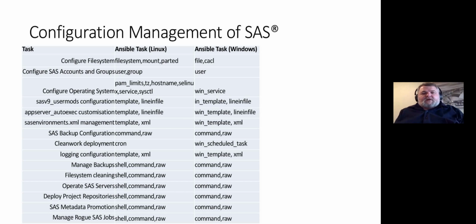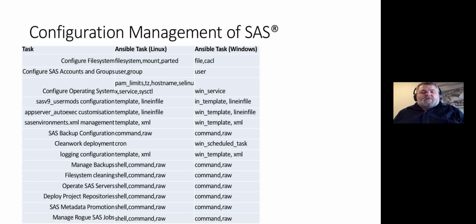In the handout, what I've provided is just a bit of an overview of some of the Ansible modules or tasks. I'll use that term interchangeably. These are the types of modules that you should be looking at when you're thinking about setting up your configuration management strategy with Ansible on SAS.